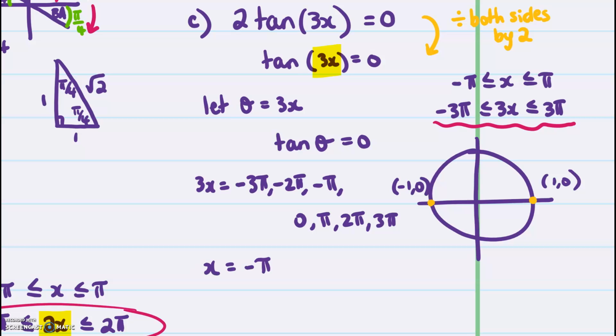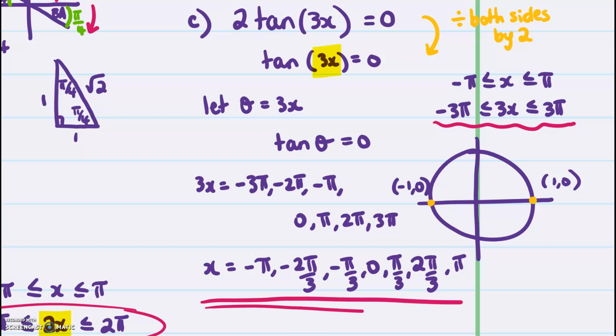So I get negative pi, negative 2 pi on 3, negative pi on 3, 0, it's still going to be 0, pi on 3, 2 pi on 3, and 3 pi on 3 is just going to leave you with pi. So your resultant answer, the very final answer, does sit in the restricted domain, which was x had to lie between negative pi and pi. So that is where we ended up.